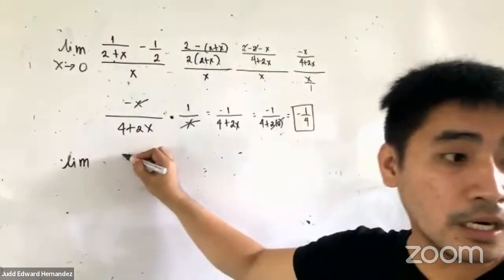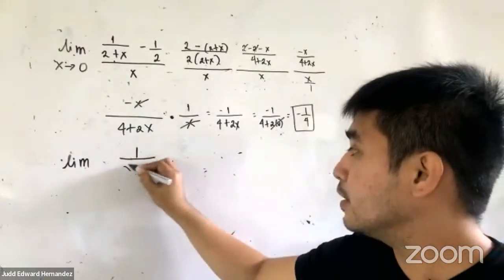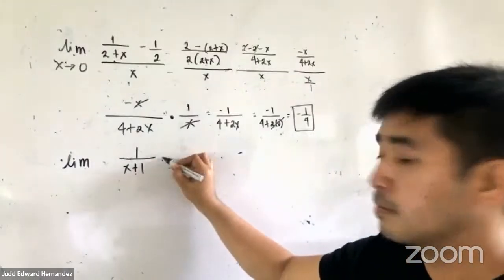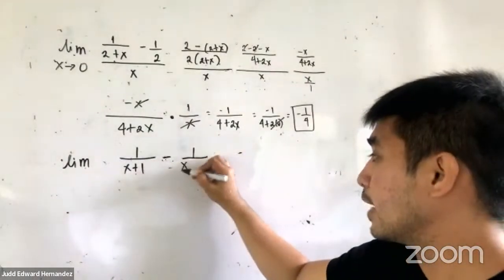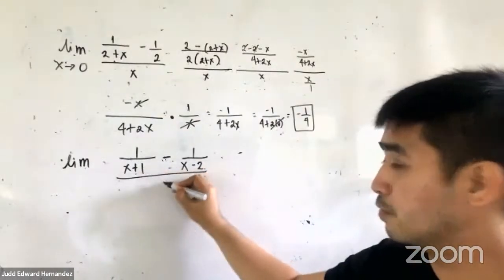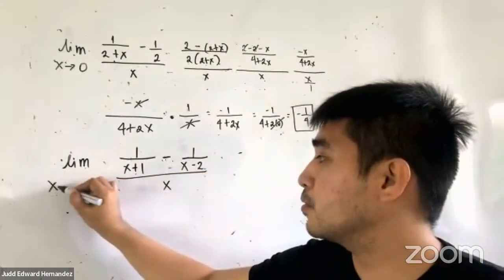The limit of 1 over x plus 1 minus 1 over x minus 2 all over x as x approaches 0.